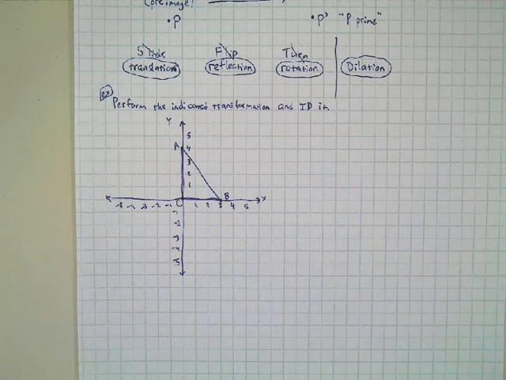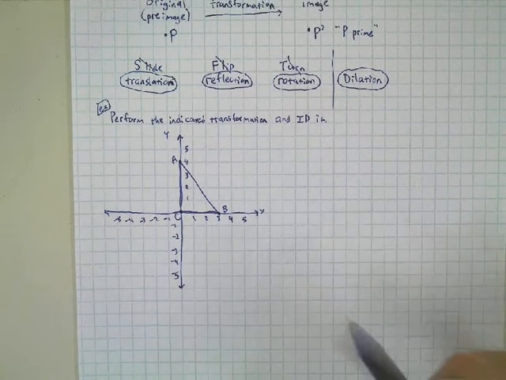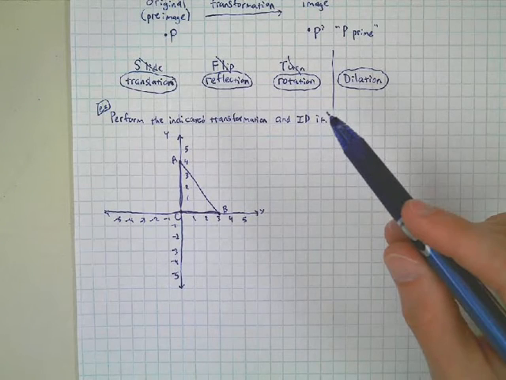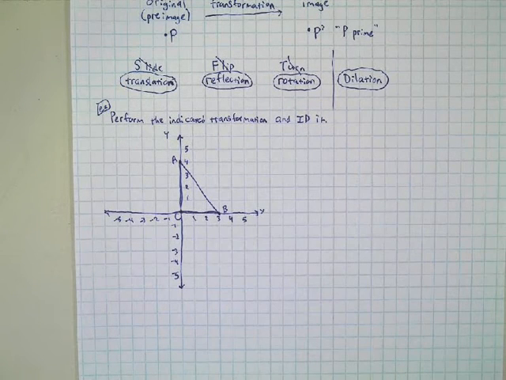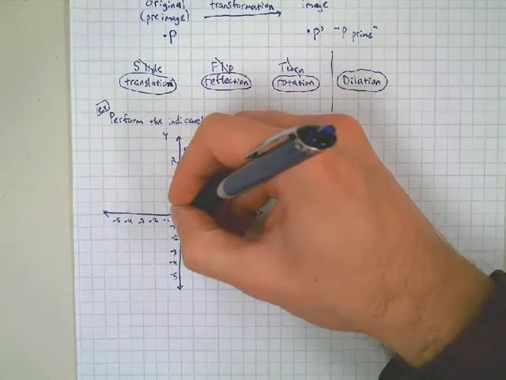All right, so here you go. All right, let's get copying here, guys. Make sure we get this down. Third word, rotation. Perform the indicated transformation. What point is that 3? Is that point 3? Yeah, it's at 3.